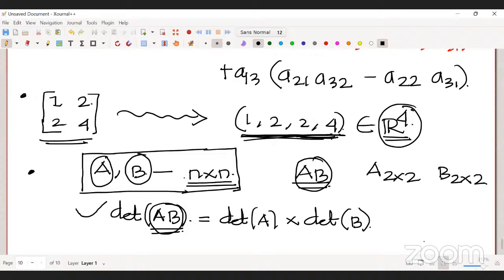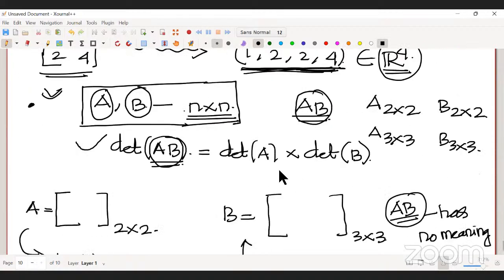Yes, sir. So we can say that AB is not equal to BA in this case, but the determinant of AB is equal to the determinant of BA. Yeah. Here, matrix multiplication in general is not commutative.